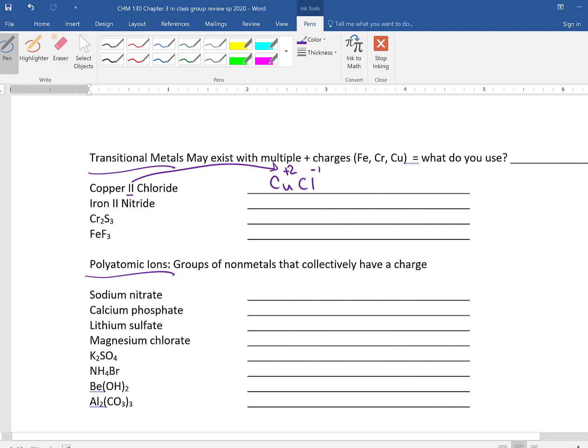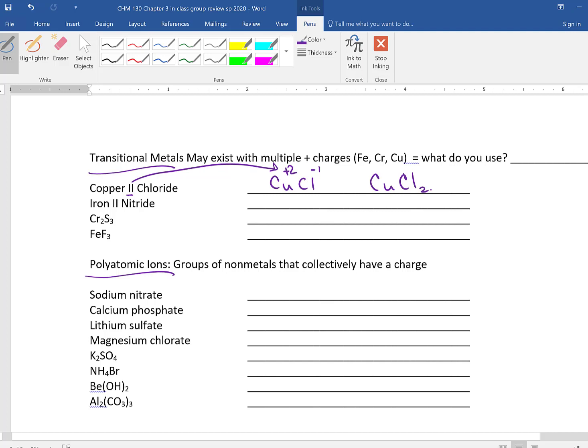See in the name copper(II) chloride, when you write out the words, the Roman numeral 2 tells you the charge on the copper, so that then you can work out the formula. Now I know copper is a +2, chlorine's a -1. To figure out the formula, just swap them. So it ends up being CuCl2.